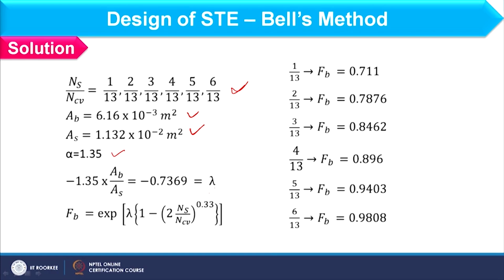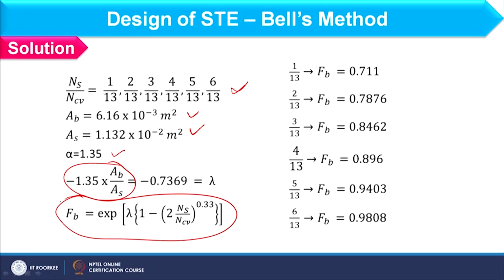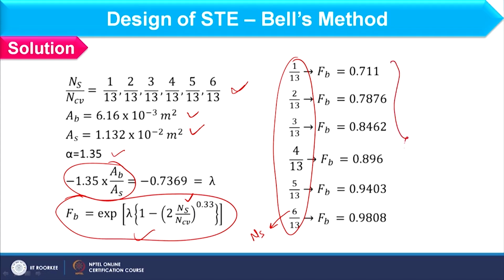In this case we can consider this term in the expression as lambda, and we can further reduce the FB expression like this, where it is a function of NS and NCV. Considering different NS values, because the maximum NS I can use is 6, we can find the FB values, and you can see we have all the FB values.